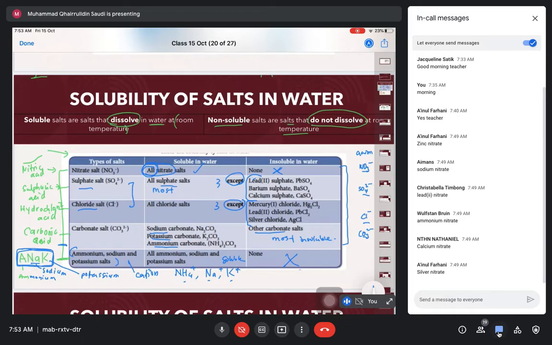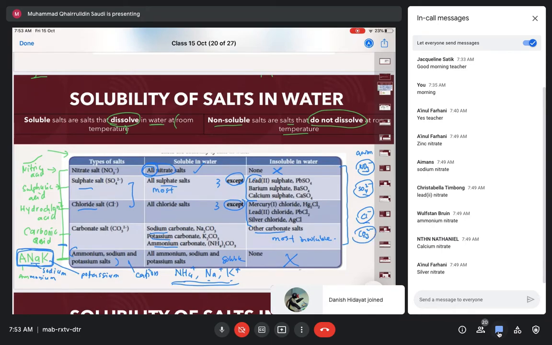Other than these 3, selain daripada 3 benda ni, dia kena tengok bahagian belakang dia. Nitrate salt, sulfate salt, chloride salt or carbonate salt. Okay? Boleh faham? Is it clear?